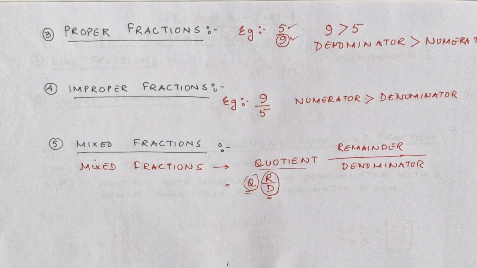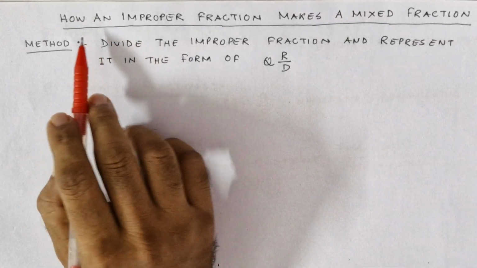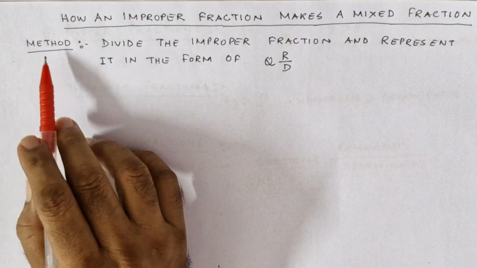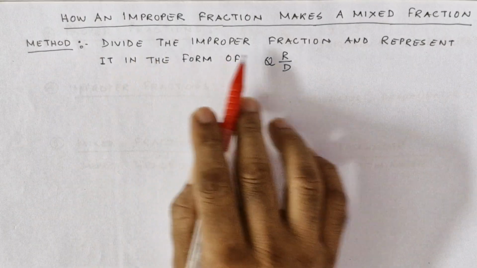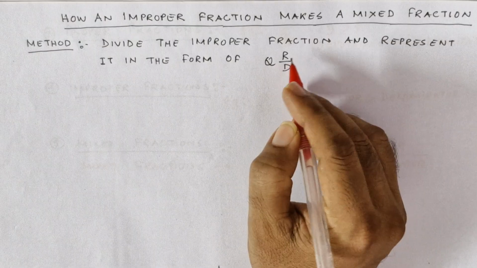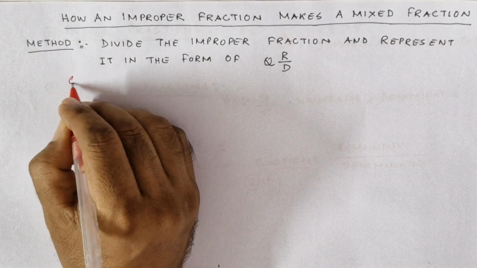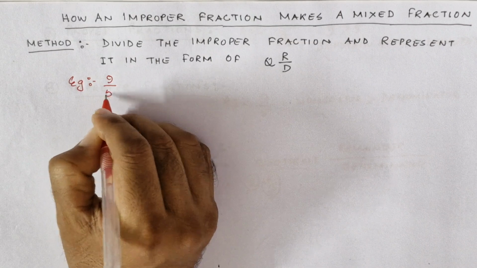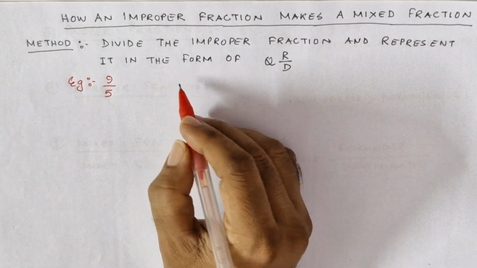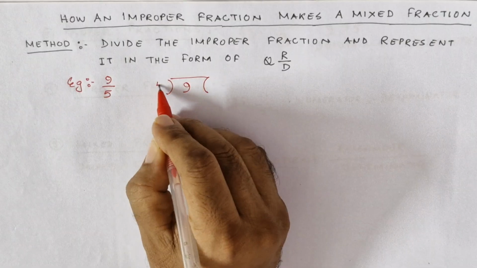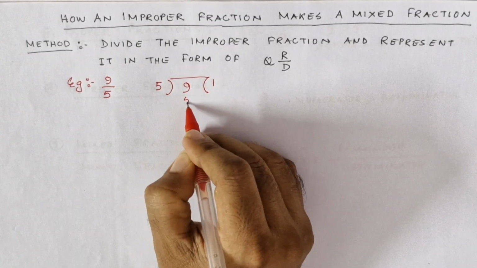So let's see how an improper fraction makes a mixed fraction. The method is to divide the improper fraction and represent it in this form. We'll take the earlier example of an improper fraction, that is 9 by 5. Got it? So let's divide 9 by 5. 5 ones are 5.